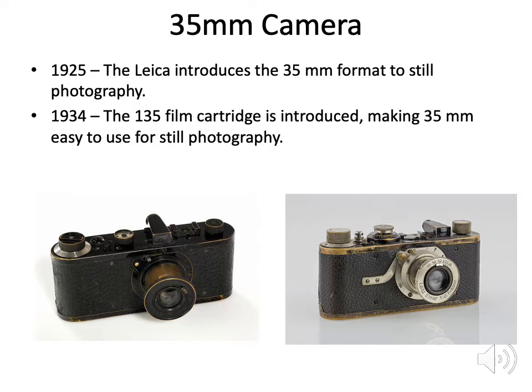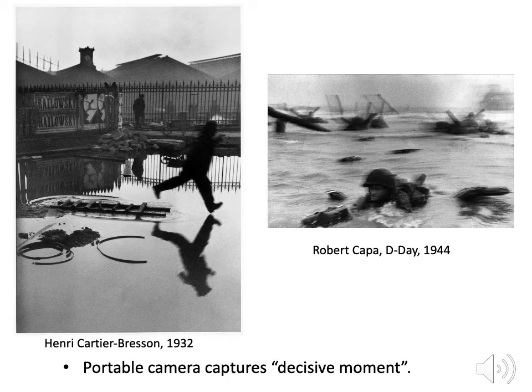It's in a cartridge. You can easily pop in and out of your camera. So this smaller film type in these 35mm cameras with adjustable lenses, etc., captured decisive moments.